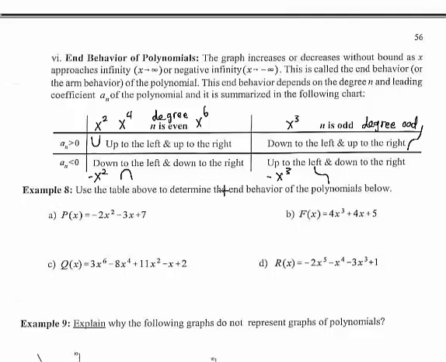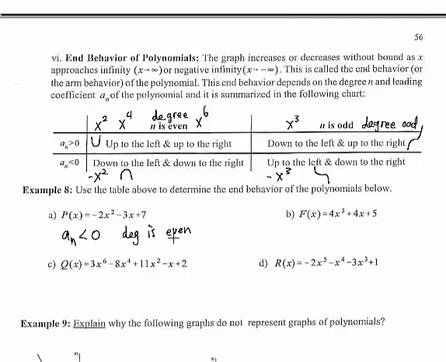So example 8 has us doing that sort of thing. It says use the table above to determine the end behavior. So here we have polynomial p. We have an is less than 0. It's negative. Then we have degree is even.